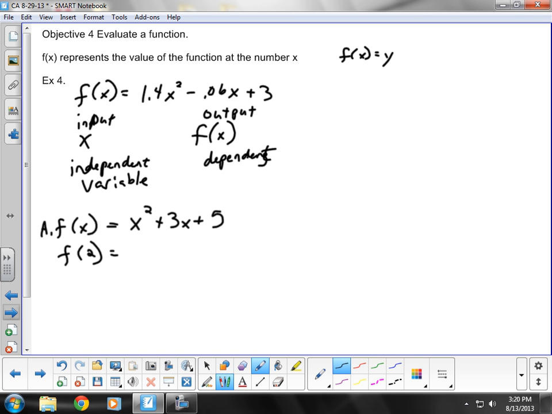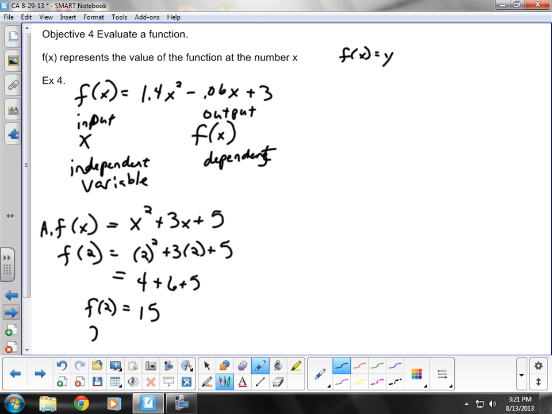Then the way you do that is, see how the x is replaced with the 2 on the left side of the equation? Then everywhere there's an x over here, I want to replace it with a 2 also. So that I get 4 plus 6 plus 5. So f of 2 is equal to 15.